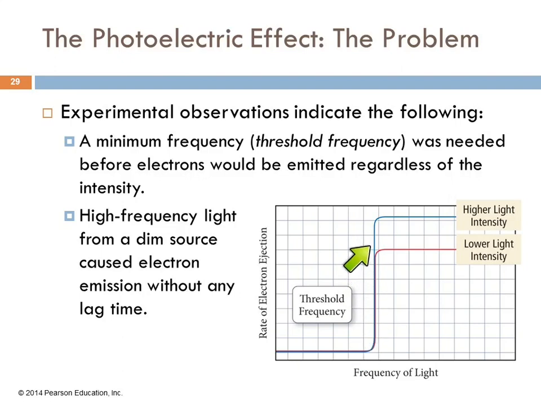And at this point, if you had high intensity light, you'd get more, and low intensity light, you'd get less. But once you went past that frequency, it just stayed the same. And this really didn't make a lot of sense with the classical theories. High frequency light from a dim source gave electron emission without any lag time, and that's not what the theory predicted.